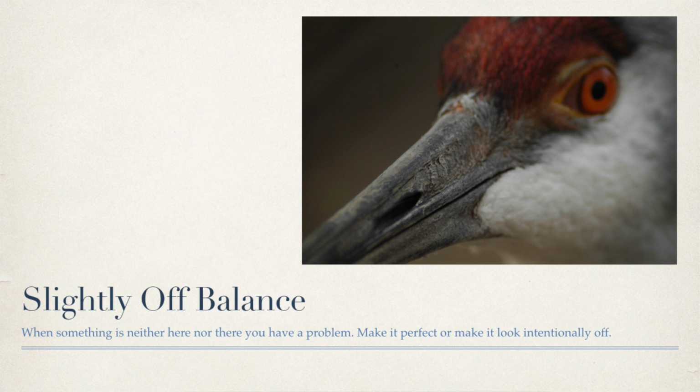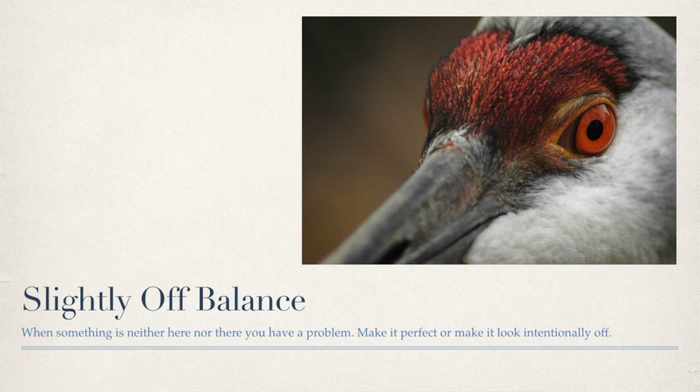But then you're drawn in and you want to go back to the eye, yet it's so uncomfortable when you get there, you go back to the beak. So you're having this conflicting experience as you're looking at this photograph, because where you want to go is out of focus, and where is in focus is not necessarily where you want to go. And so it creates this sense of something being off, something being not quite right and out of balance. Once I get the eye in focus, however, bam!